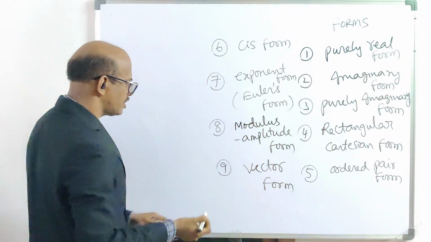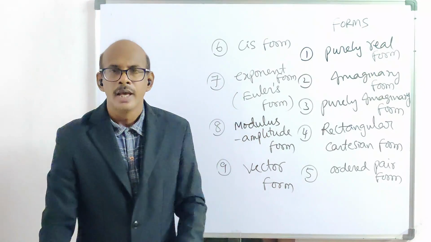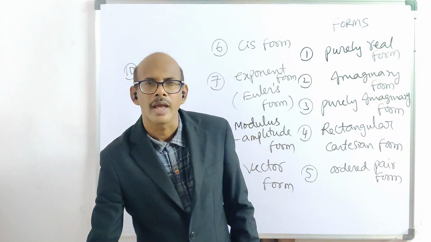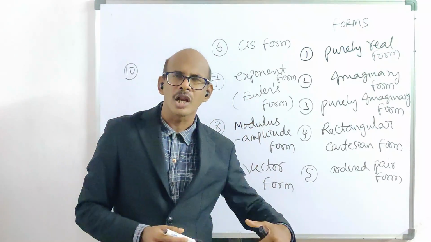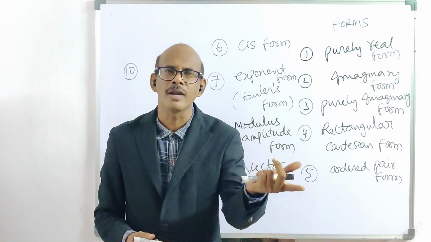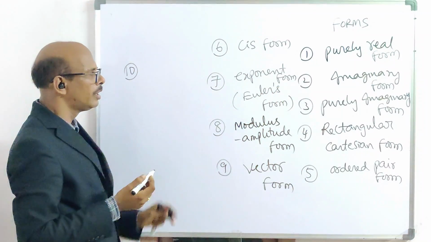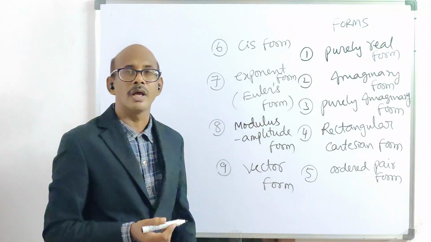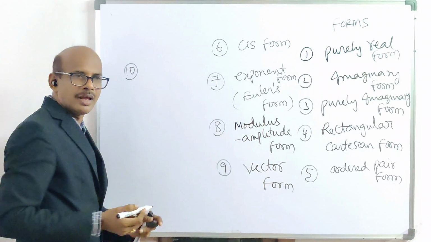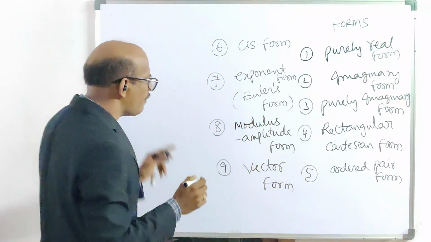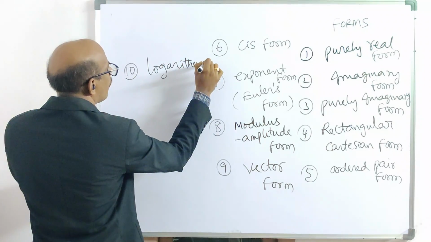This is a very important form, because a complex number can be used in vector notation in a two-dimensional plane, like a point. Concentrate here. That is why complex numbers occur in all branches. Next, last but not least, a very good form, the logarithmic form.